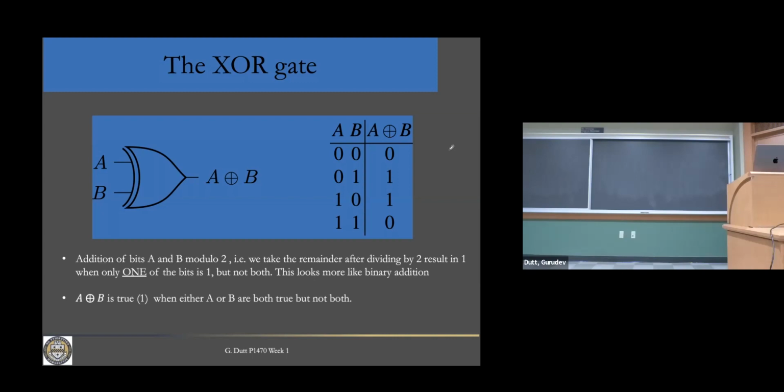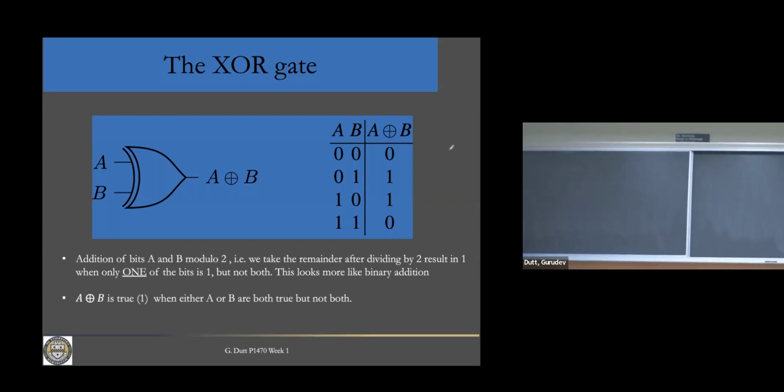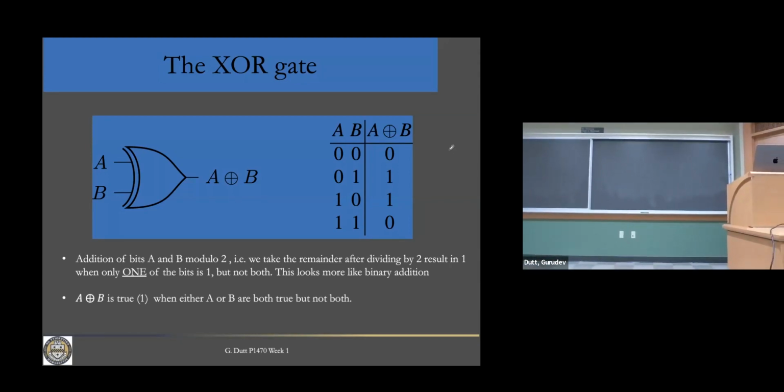So when I divide 1 by 2, I get a quotient 0 and a remainder 1, so this is still 1. Okay. And of course, 1 plus 0 is the same way. It gives me 1, and then modulo 2 addition gives me 1.